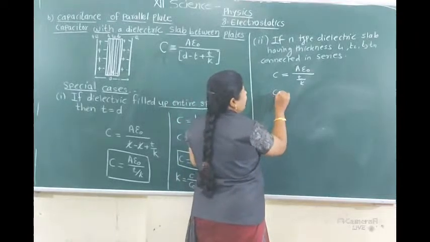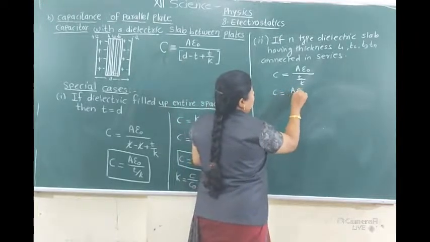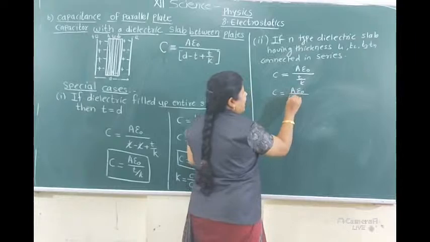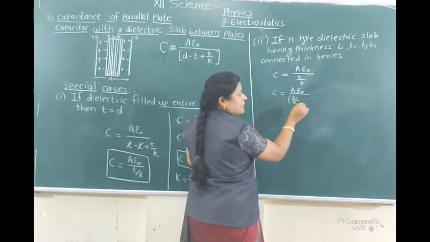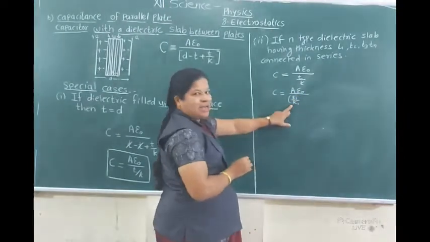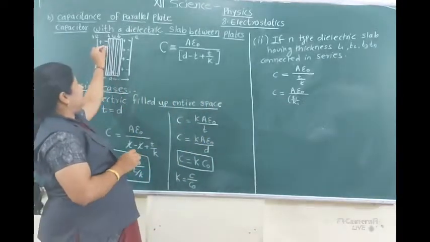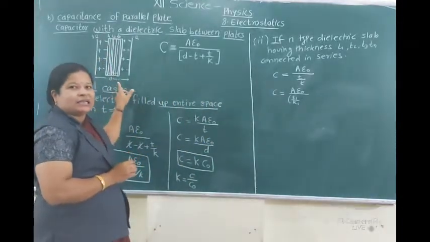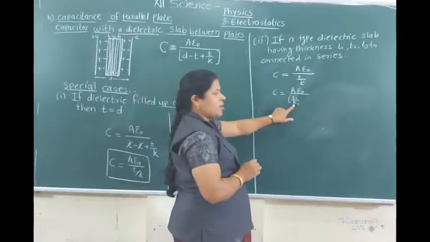So we get C is equal to A epsilon 0 divided by T1 divided by K1, because each dielectric slab has a different dielectric constant.